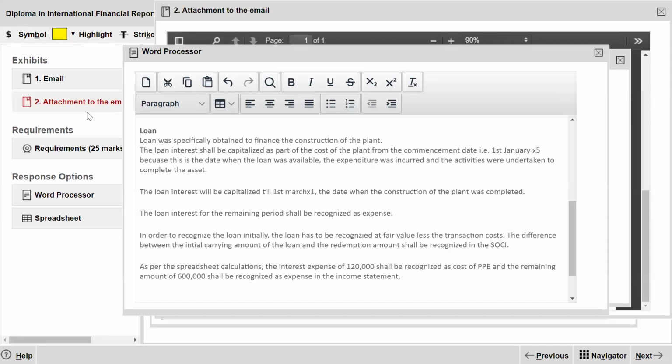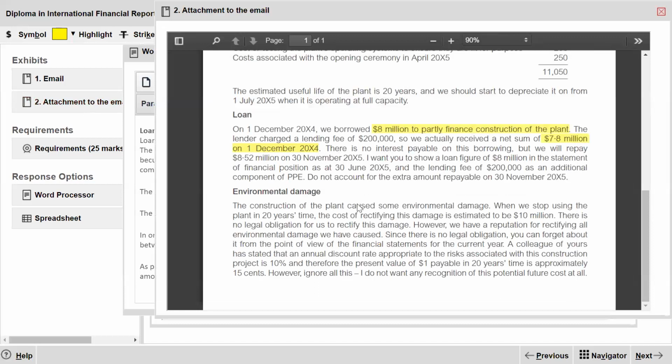Now let's move a bit forward and let's discuss further. Now, can you just do something about this environmental damage?